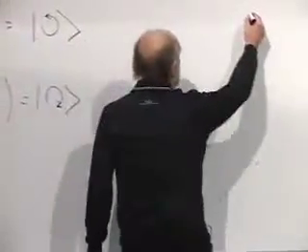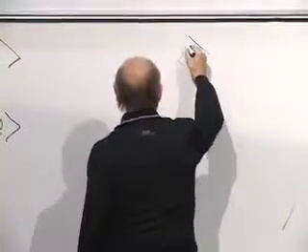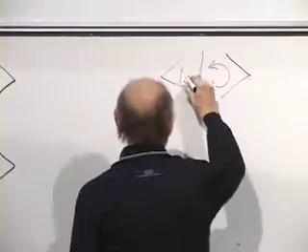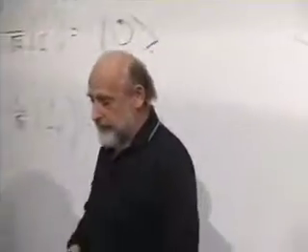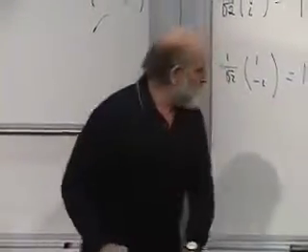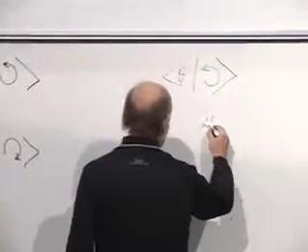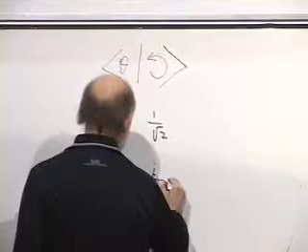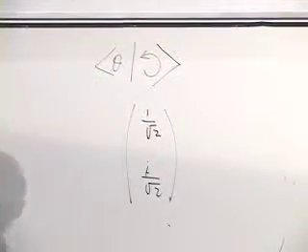Again, we take the inner product of the circularly polarized photon with the theta polarized photon, and we square it. I'll square it after we calculate it. The circularly polarized photon has 1 over square root of 2 and i over square root of 2 for its ket vector.